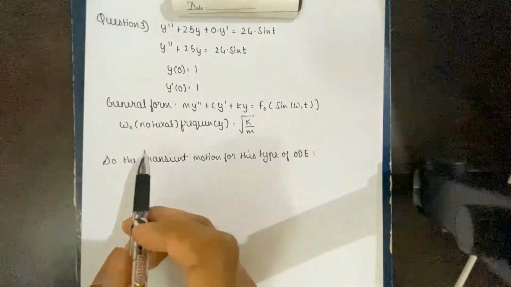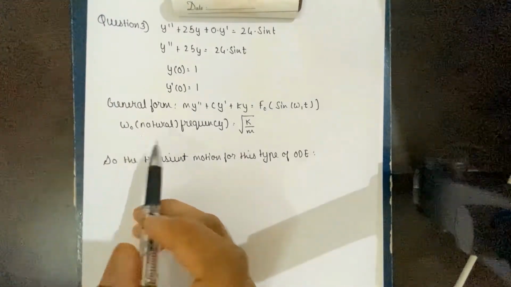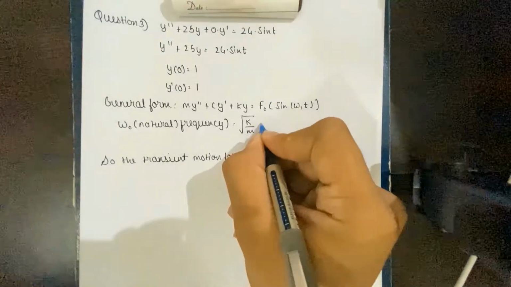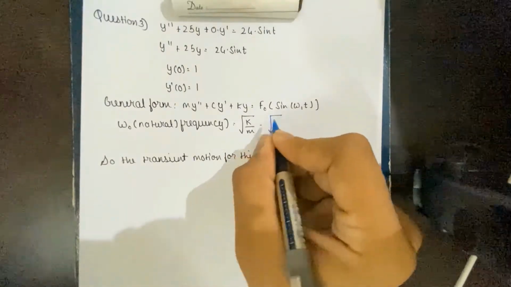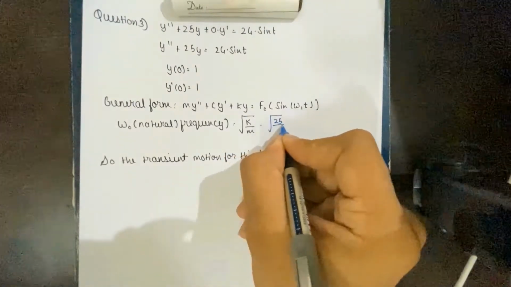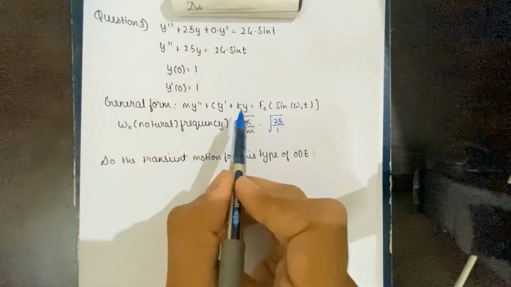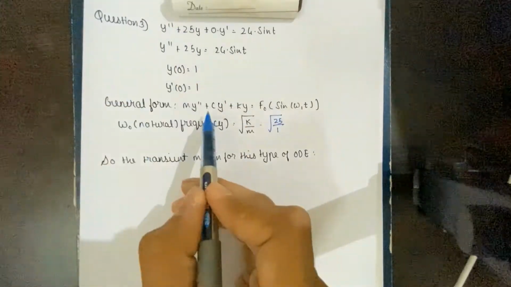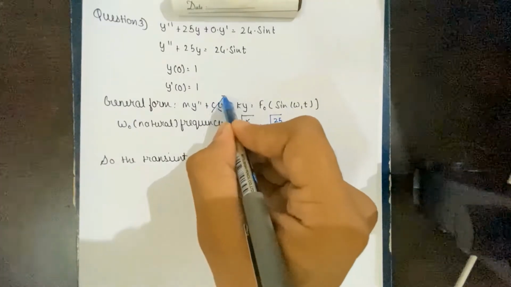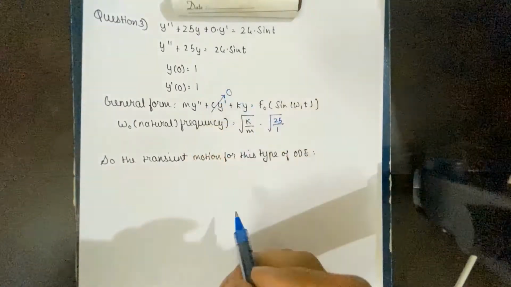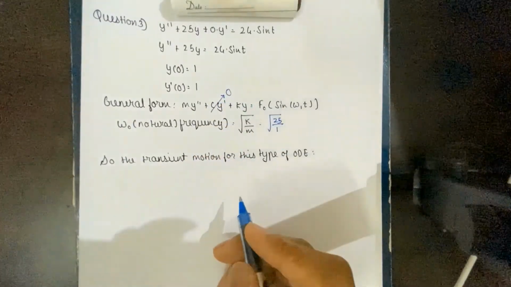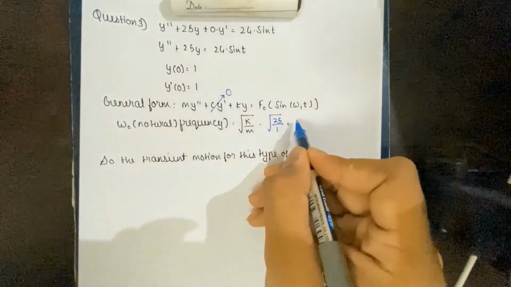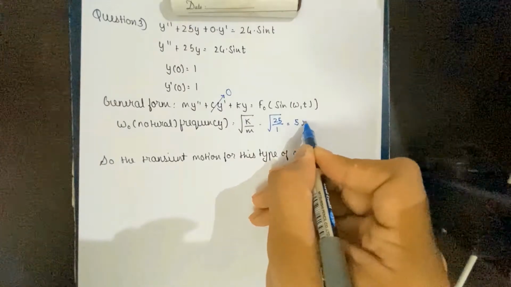So natural frequency omega naught is root over k by m, which in this case is root over 25 by 1, because k is 25 and m is 1 and c is obviously 0. So omega naught is 5 radian per second.